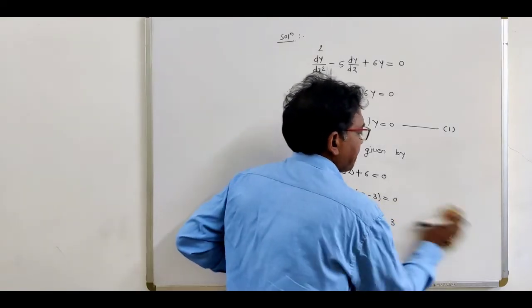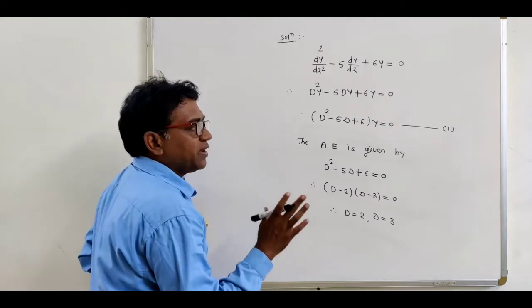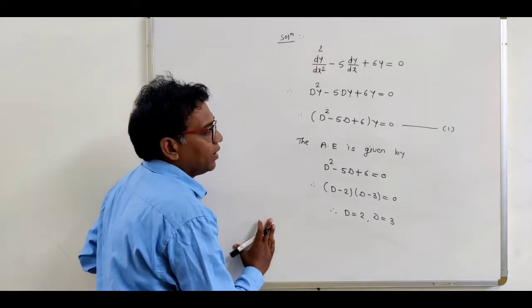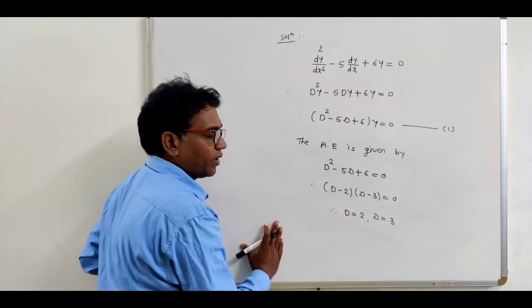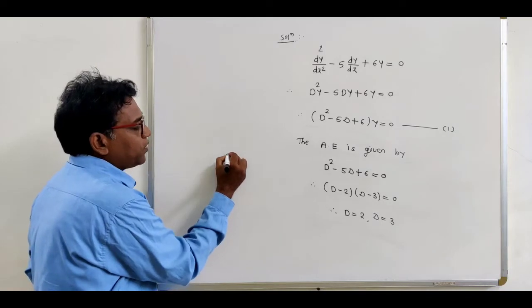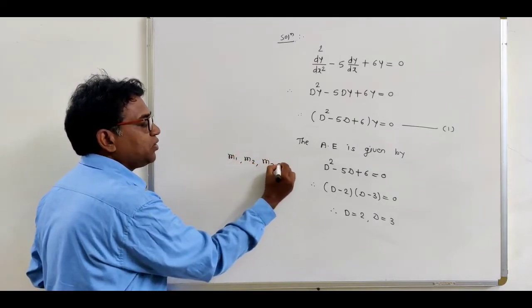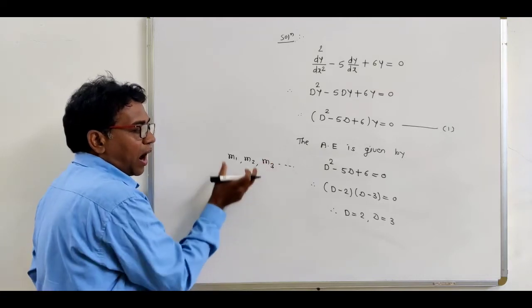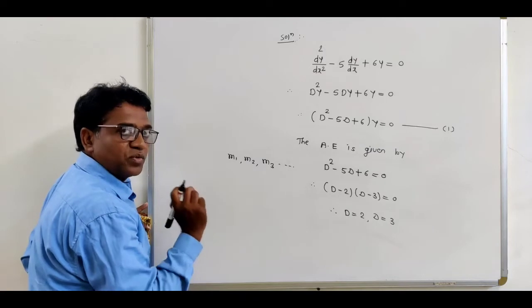Now see how to solve the associated equation. What is the first step? Write its auxiliary equation and find the factors. Now what is the first rule?